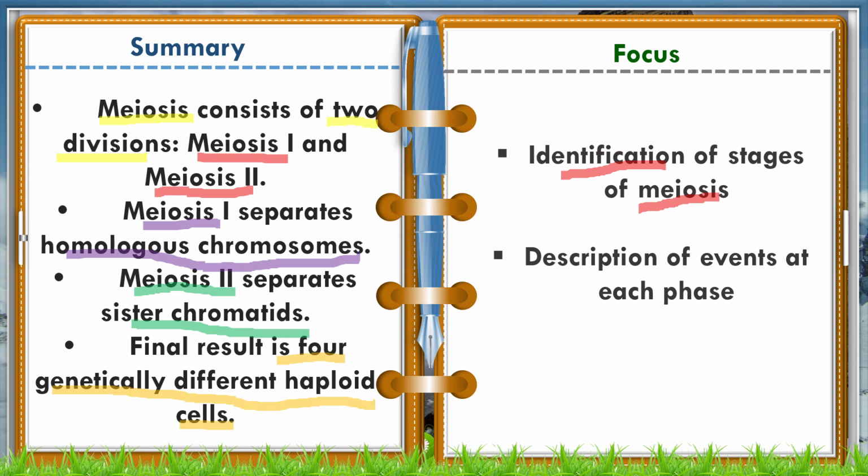And then also we are mainly focusing on the description of the events that are taking place in each phase. I think by this time you can easily now recall the stages of meiosis and the events that take place in those phases.